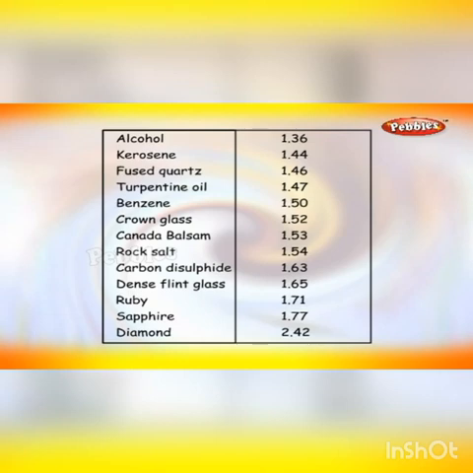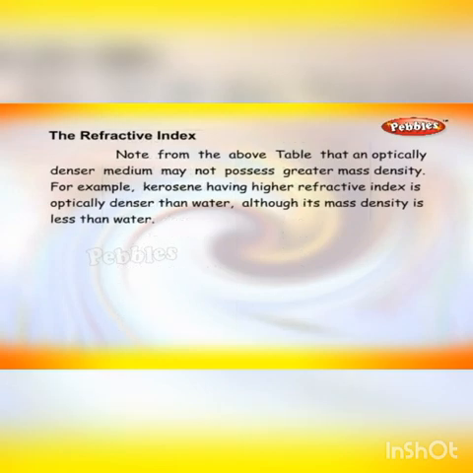Kerosene 1.44, fused quartz 1.46, turpentine oil 1.47, benzene 1.50, crown glass 1.52, Canada balsam 1.53, rock salt 1.54, carbon disulfide 1.63, dense flint glass 1.65, ruby 1.71, sapphire 1.77, diamond 2.42.